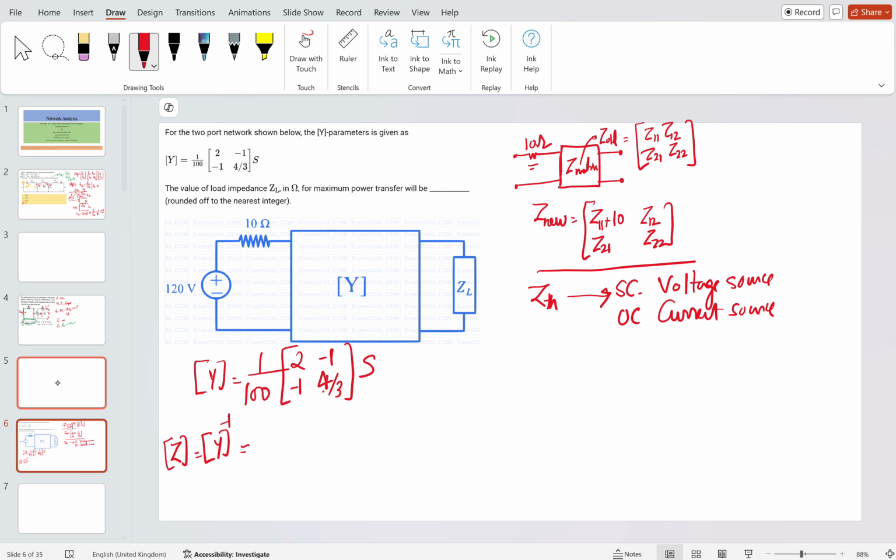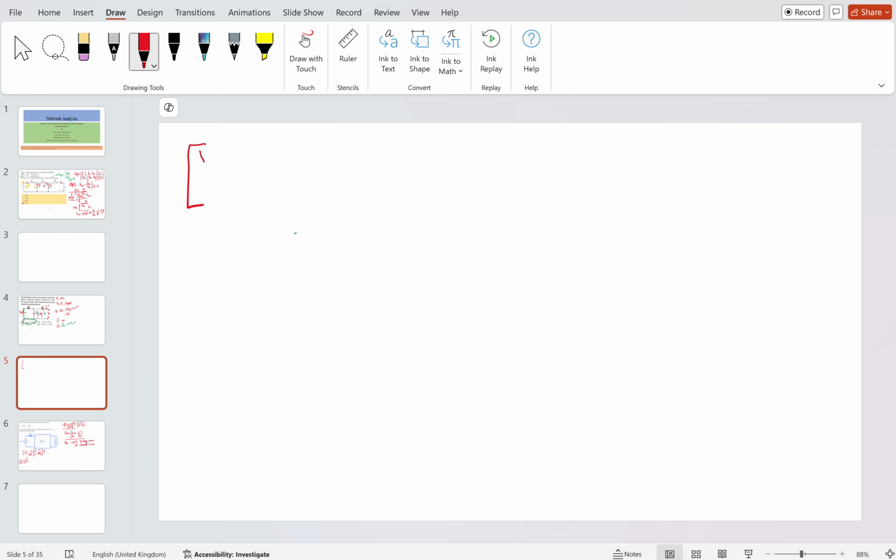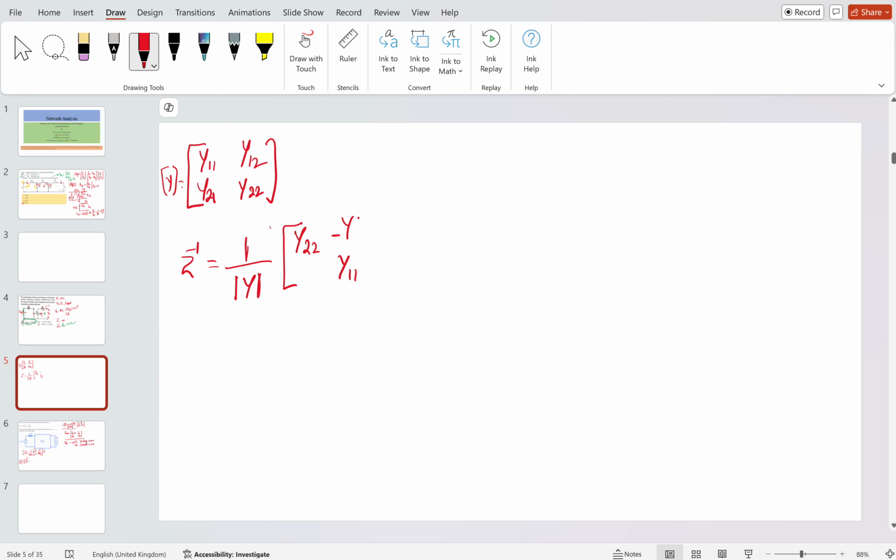Suppose you have a matrix Y11, Y12, Y21 and Y22. To find the inverse, you just have to take 1 upon the mod of Y, the determinant of Y basically, swap the diagonal elements Y22 and Y11, and keep the off-diagonal elements the same value but make them negative.